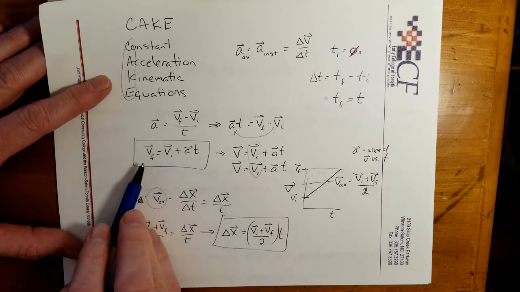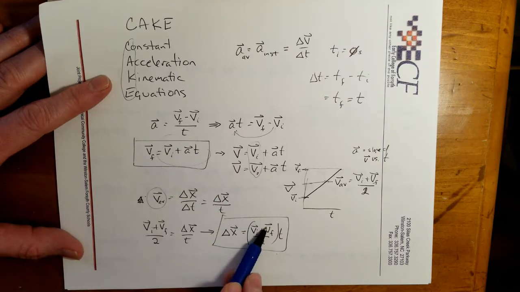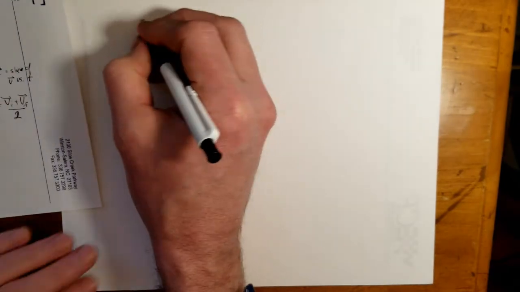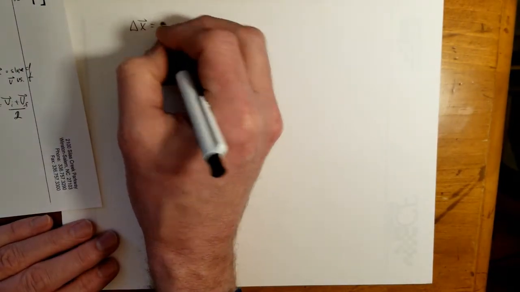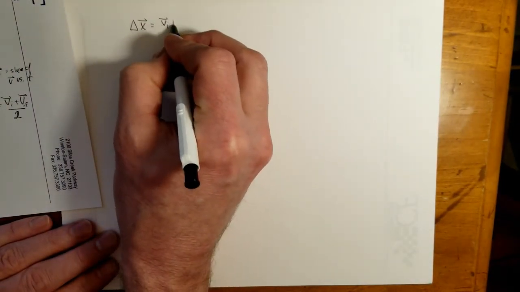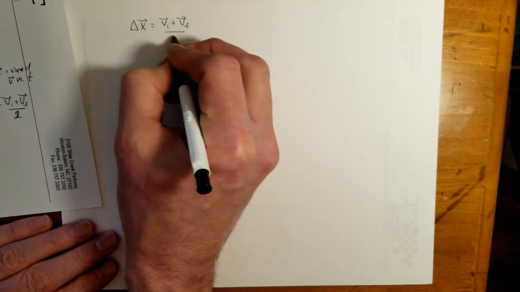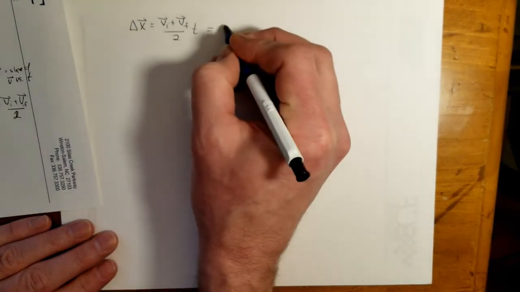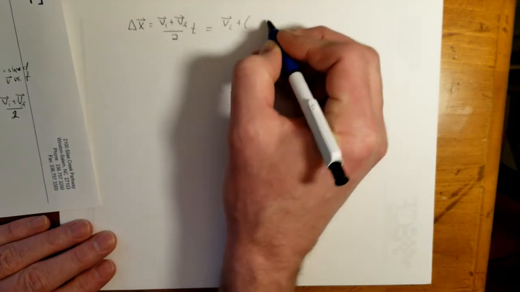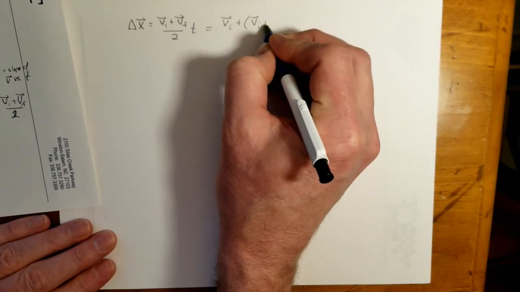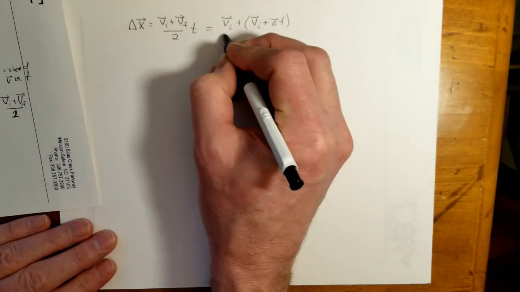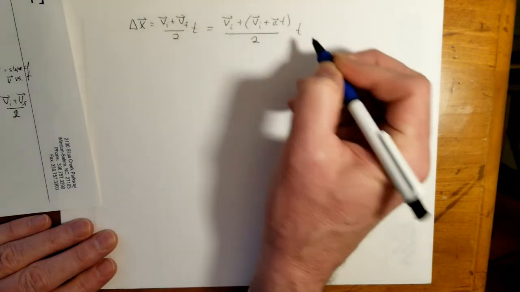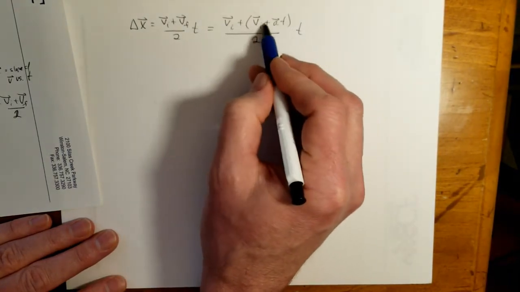To get the next one, I'm going to take this equation right here and plug it in for vf. So I have my displacement is equal to vi plus vf over 2, just rewriting what I just did, times time. And this is equal to vi plus, from the first equation we derived, vi plus at, over 2 times time. Let's go ahead and combine like terms here.